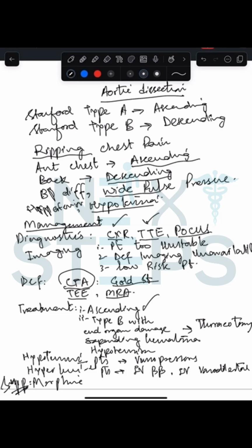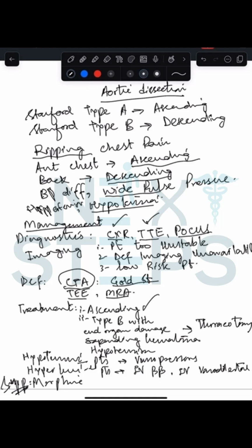Whenever you find a case of ascending aortic dissection, the right answer would be thoracotomy, and whenever it's a case of descending aortic dissection, in most of the cases the answer would be IV esmolol or IV propranolol.